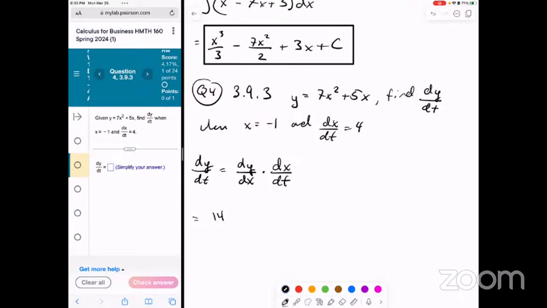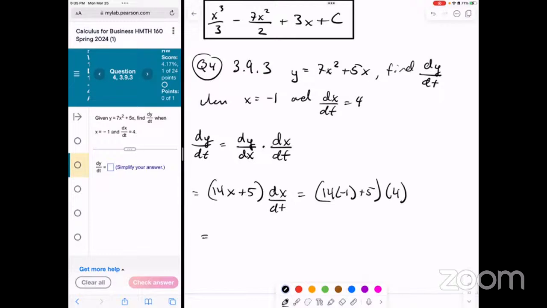So that's our dy by dx, times dx by dt. But then they gave us additional information. We're given that x is -1, so we plug that in. And they also gave us dx by dt, which is 4. Then we can just crunch the numbers. So -14 plus 5 is -9, times 4 is -36.